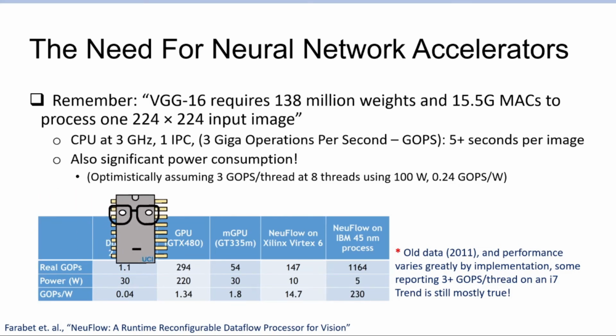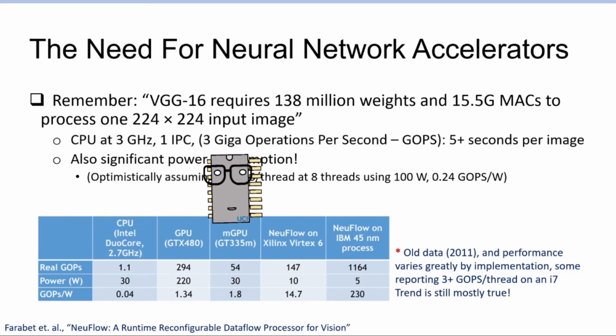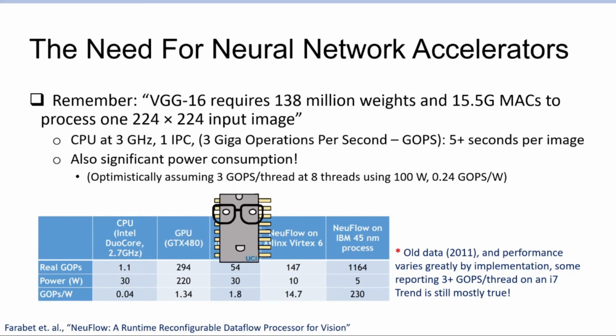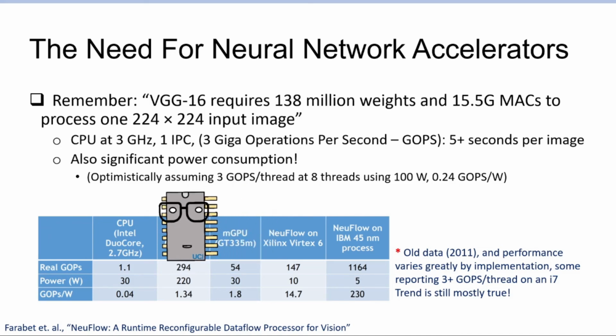But for the sake of comparison, the desktop CPU was getting about 1 gigaops. Compared to that, even this long ago, look at the performance of a mobile GPU and a desktop-class GPU, the GTX 480, an old GPU by today's standards. In gigaflops, this is still much better than what we get as a result of Lab 1. I don't think any of us are getting almost 300 gigaflops on our desktop machines.